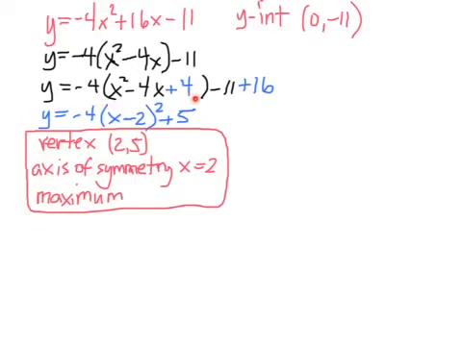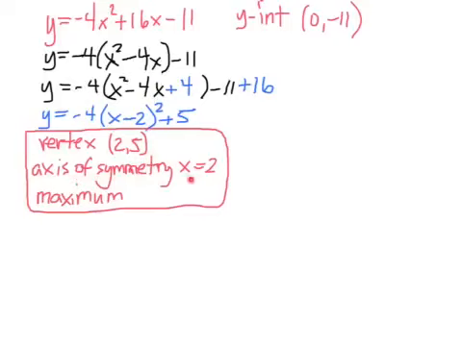x squared minus 4x plus 4 factors to be x minus 2 squared. The negative 4 comes down, there's my factorization, and negative 11 plus 16 is 5. This is in vertex form. The 2 and the 5 are my h and my k, and therefore the vertex is (2, 5).